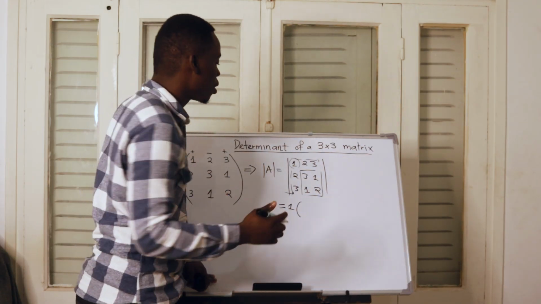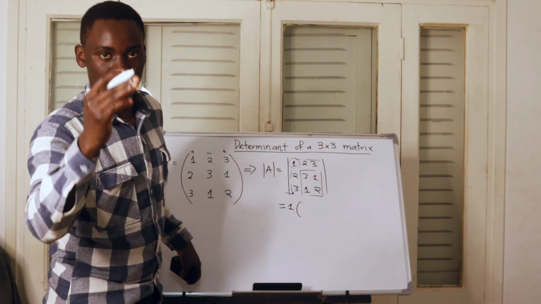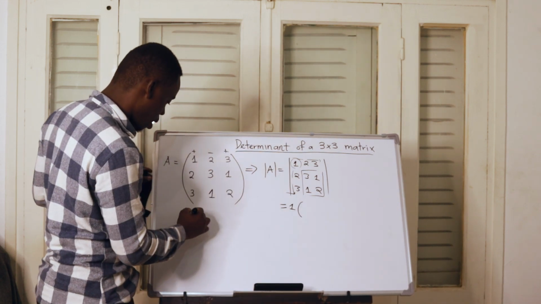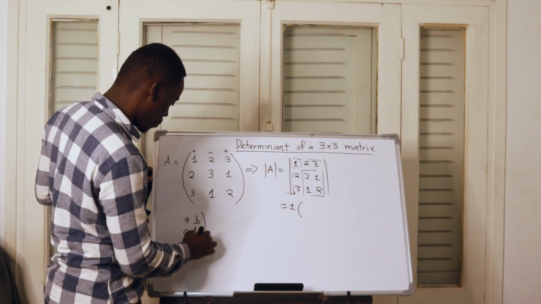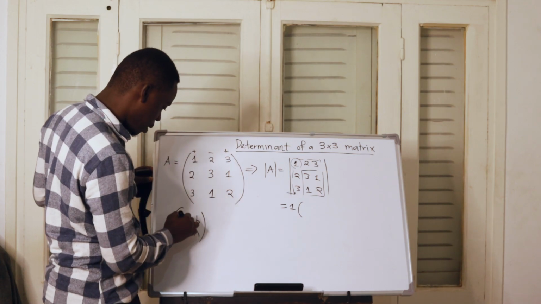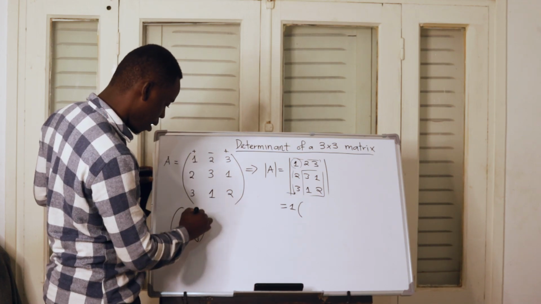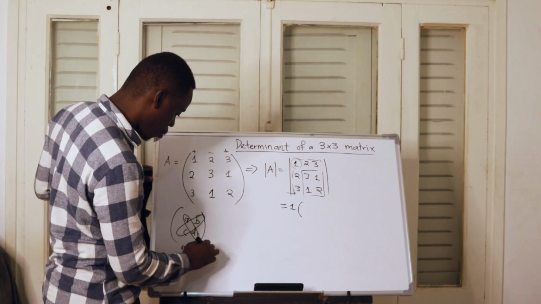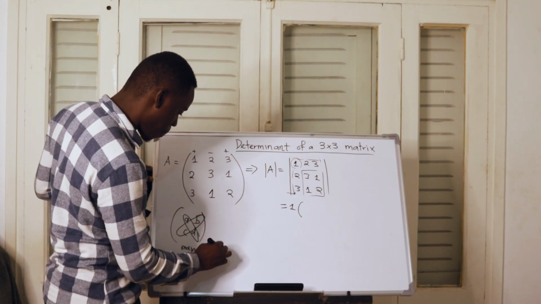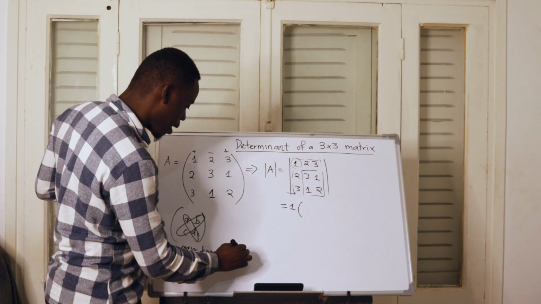For a 2 by 2 matrix there is what we call the major diagonal and the minor diagonal. So for the major diagonal, we've got, for example, A, B, C, D. This is our major diagonal and this is our minor diagonal. So we're going to say major diagonal minus the minor diagonal.